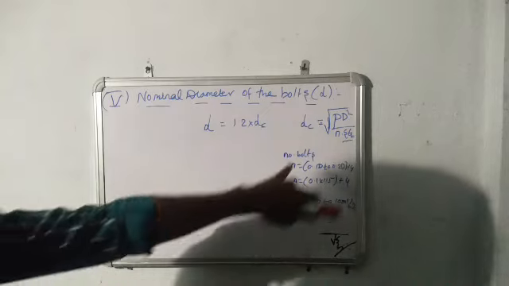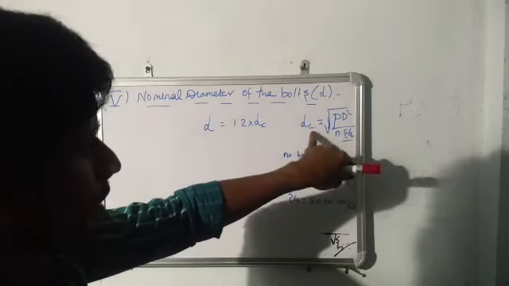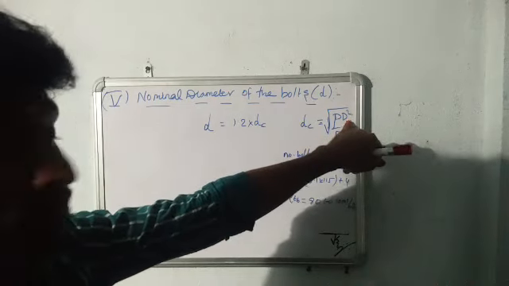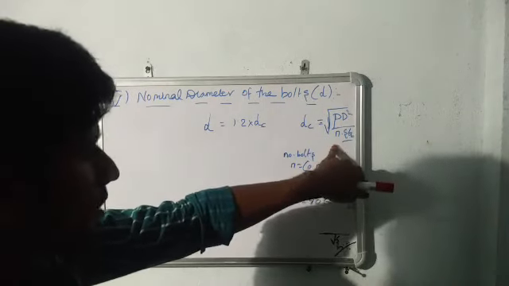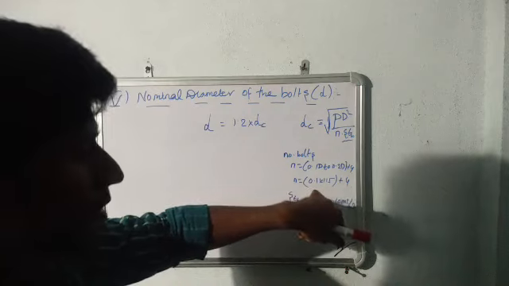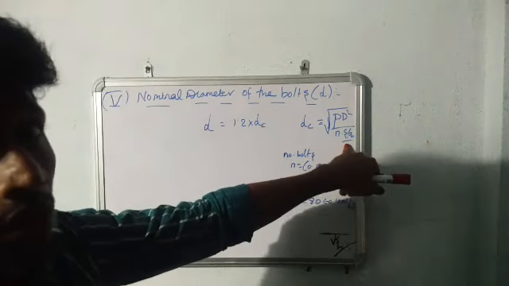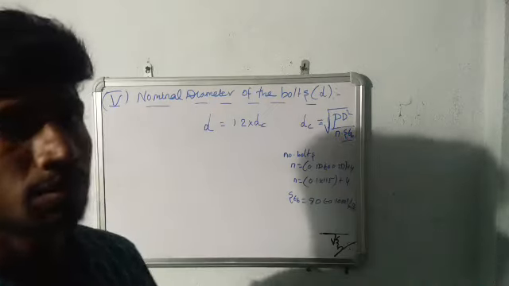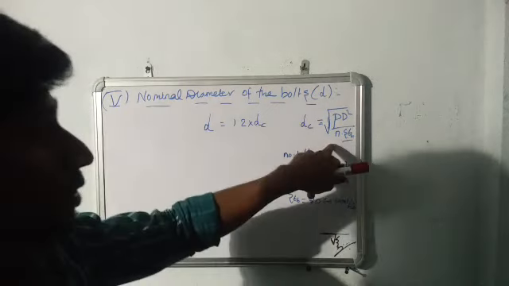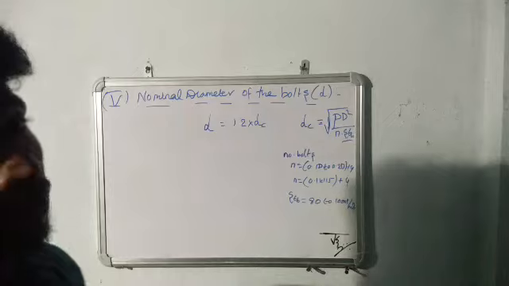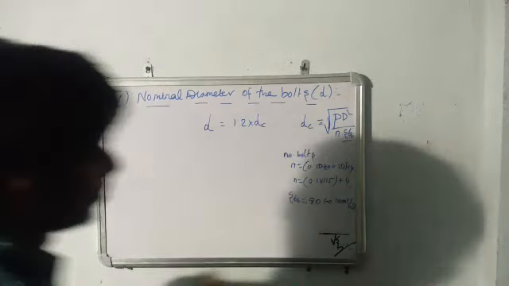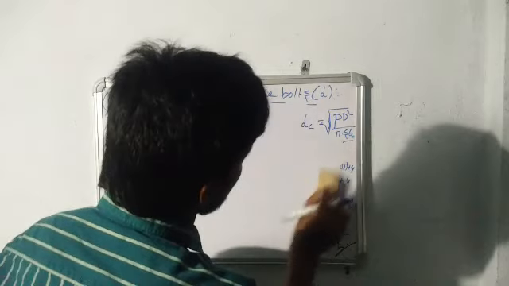In this equation for the core diameter, we know the maximum pressure and the diameter of the cylinder, and next the number of bolts, and S T B, the allowable tensile stress in bolts, in the range of 80 to 100. By substituting, we get the core diameter. Let's substitute those values here.